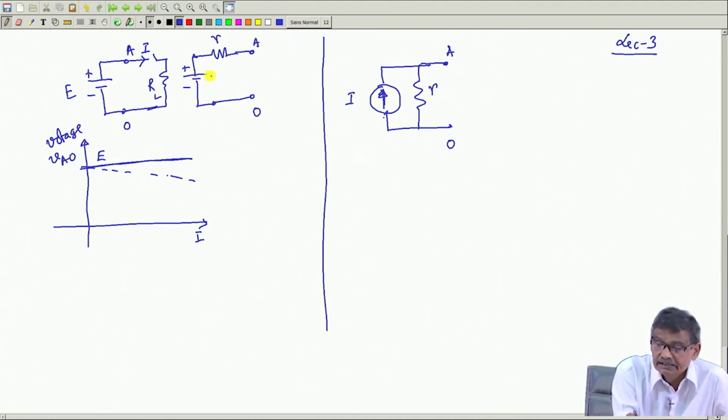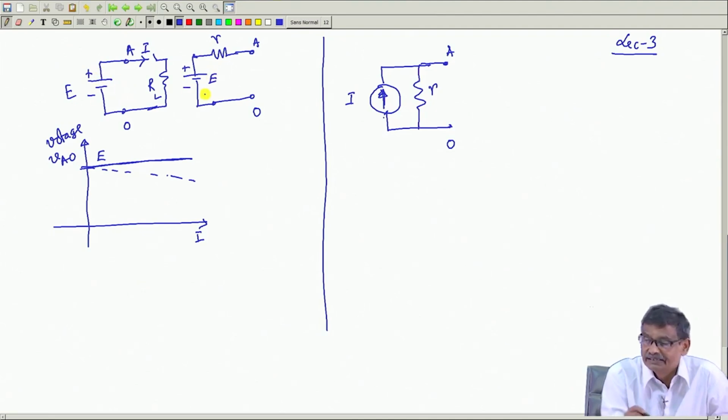In both the cases, this portion is ideal, there is no internal resistance here.